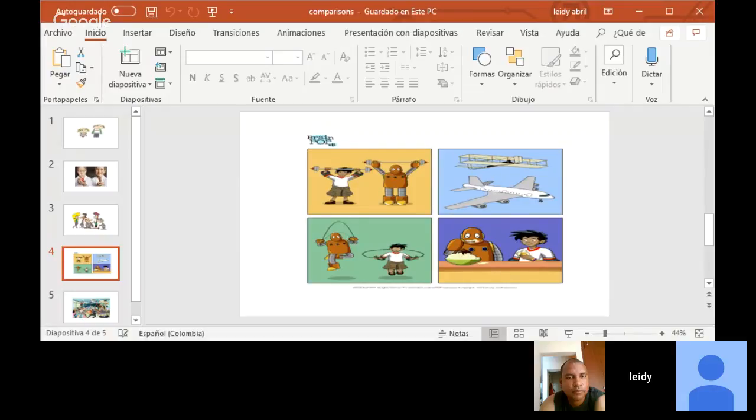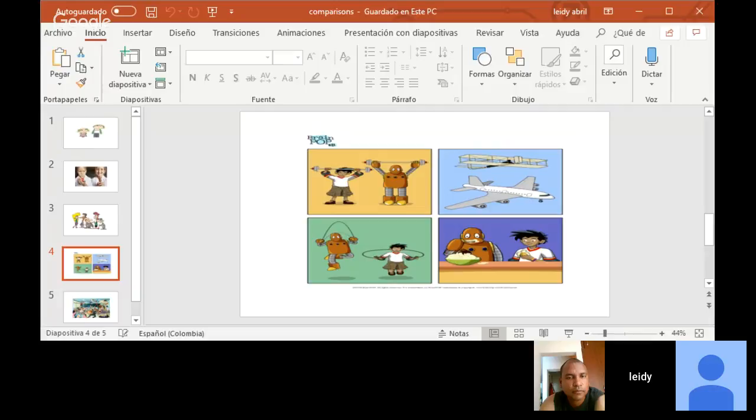The last one is the robot is more hungry than the boy. More hungry than the boy. Yes, excellent. Okay.